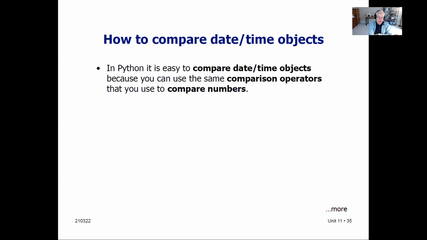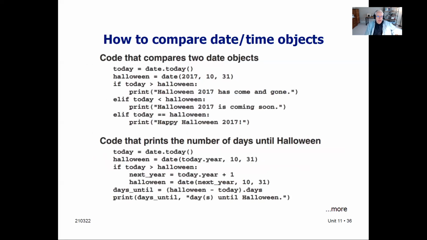Now we are going to compare datetime objects. We're going to figure out what the time span is between certain dates and times. Here's some code that compares two date objects. We create a today object using the date class and the today method. And then Halloween, we're using the date constructor method to do that.